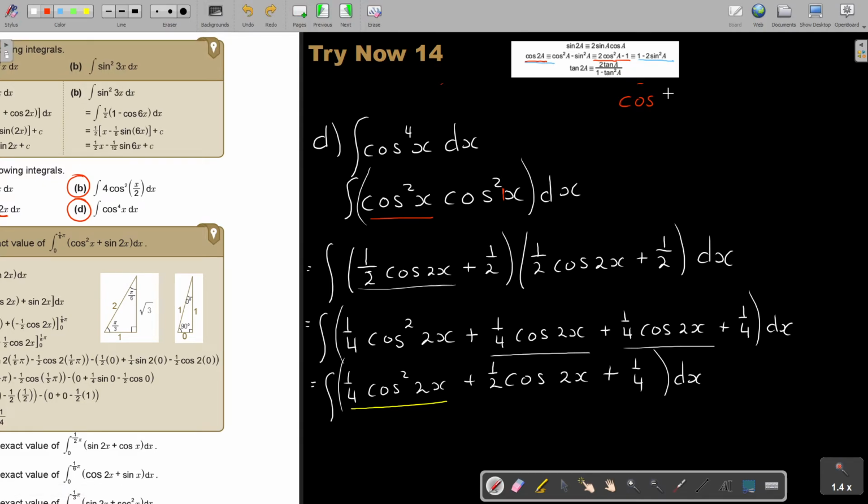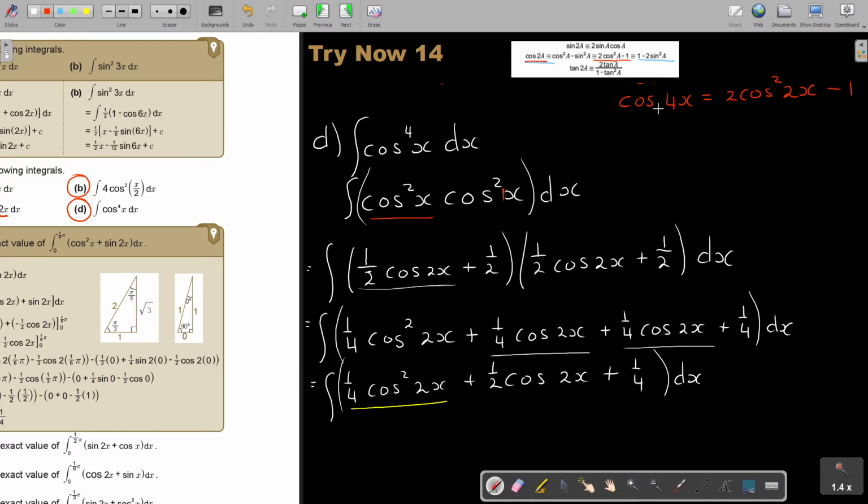If I say cos 4x, remember, then that will be equal to 2 cos squared 2x, because I want there a 2. This must be the half of that one, or this one must be double that one, minus 1.